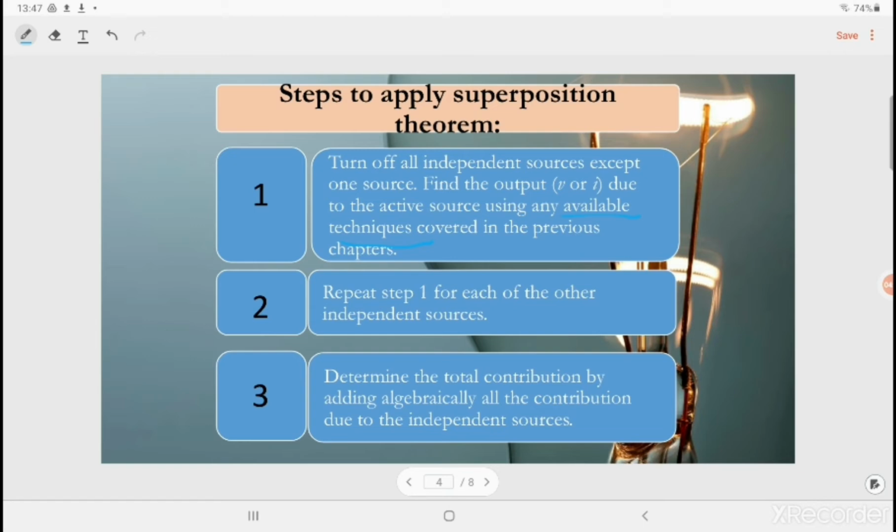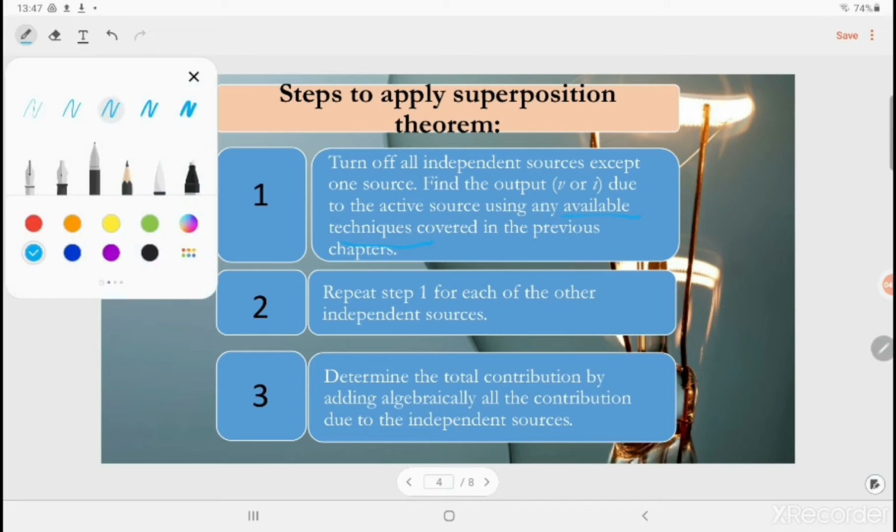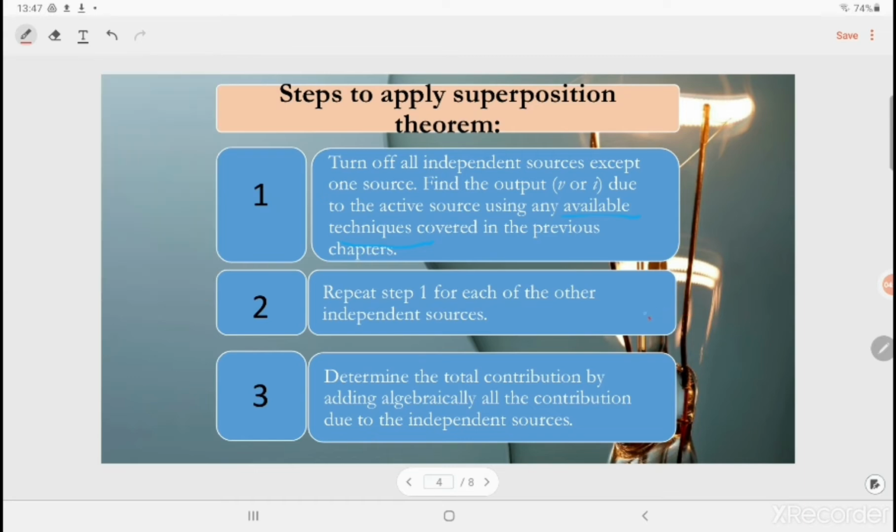Next, you repeat step 1 for each of the other independent sources. So let's say if your circuit consists of 3 sources, that means you need to repeat these steps 3 times, right?